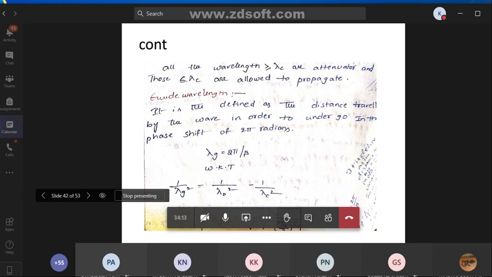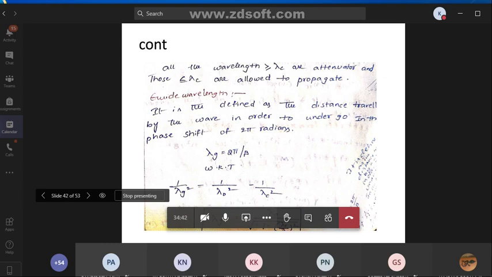So what is guide wavelength? It is defined as the distance travelled by the wave in order to go the phase shift of 2 pi radians. So then we can write the guided wavelength lambda g equal to 2 pi by beta.